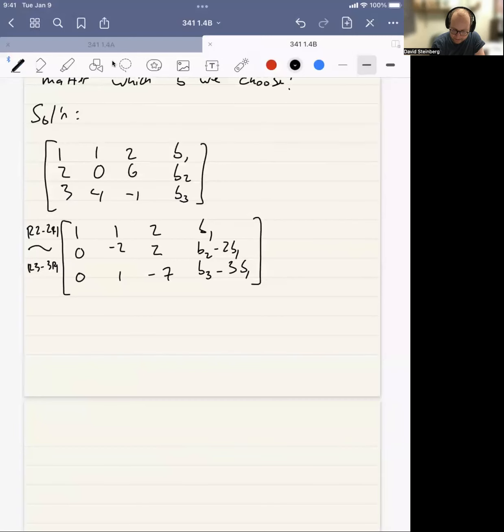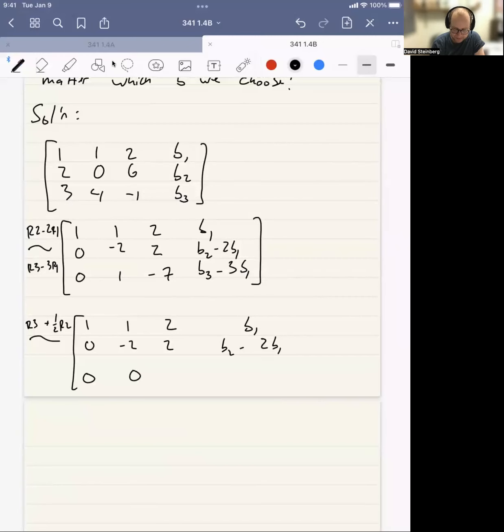So let's see what we can do here. We can take this entry to be a pivot and try to destroy the 1 beneath it. So we'll do row 3 plus a half of row 2. Row 1 stays the same, and row 2 isn't changing yet. In row 3, we've got 1 plus a half times negative 2, so that's 0, of course.